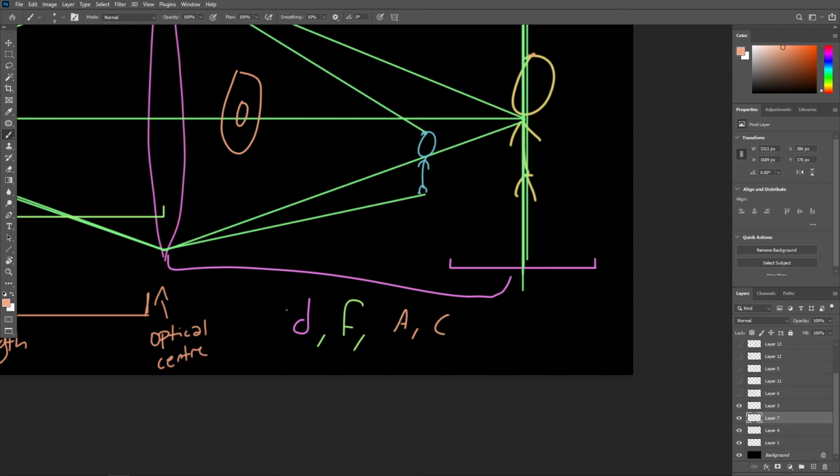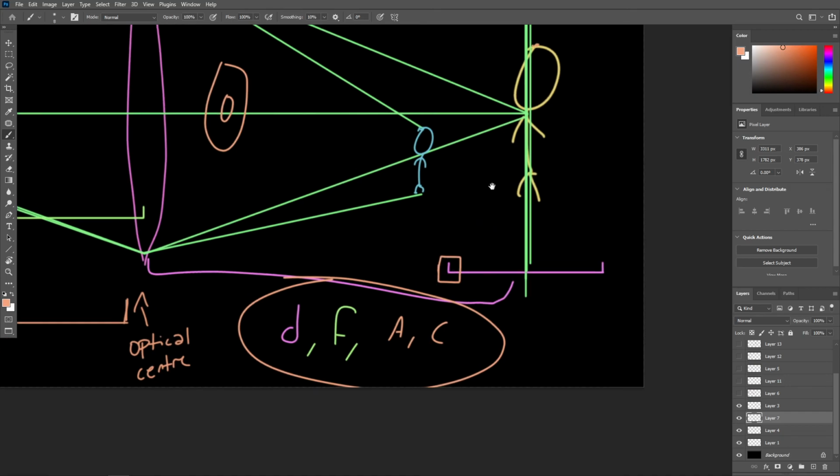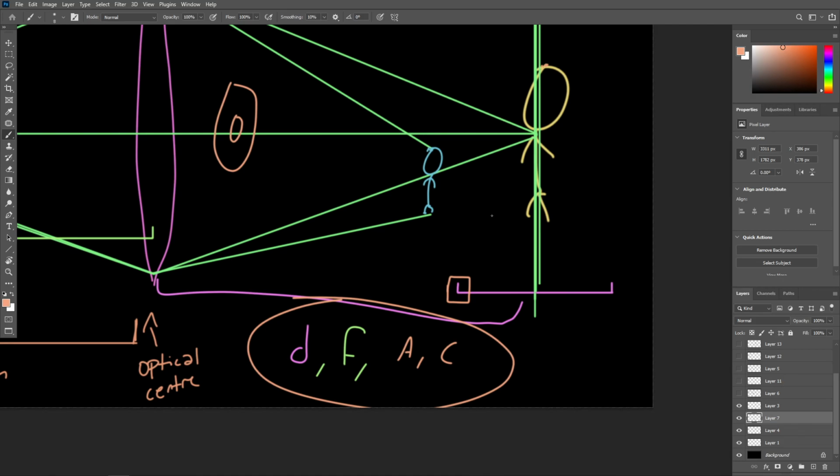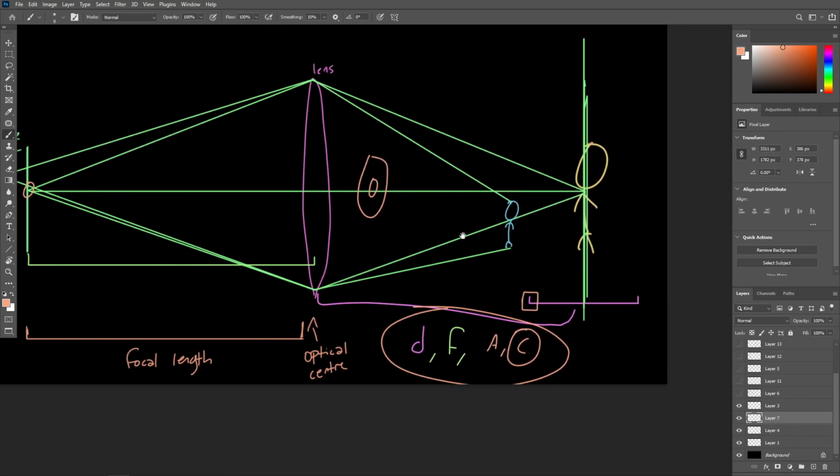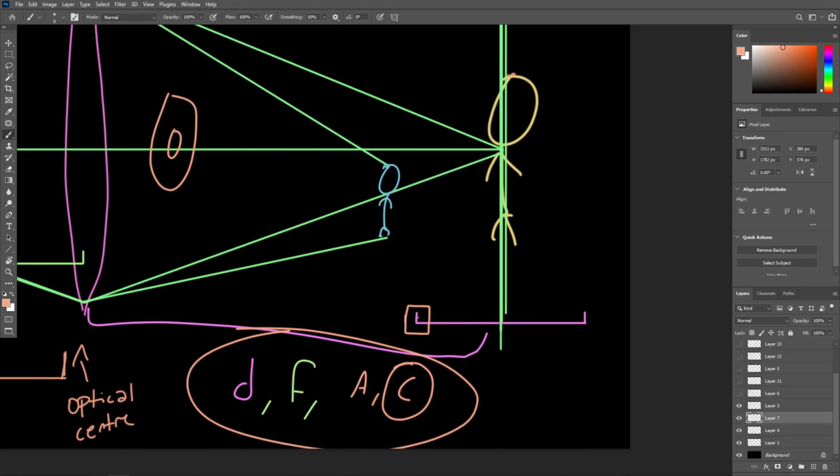So given this information, we can actually determine the closest distance in the scene at which objects will appear to be in acceptable focus. They're not going to be perfectly focused, but because we've got that circle of confusion defined for our particular camera, we can figure out that distance.